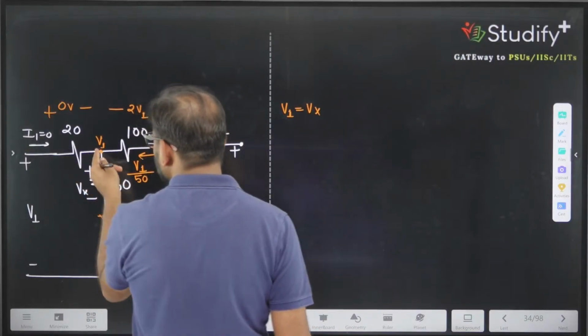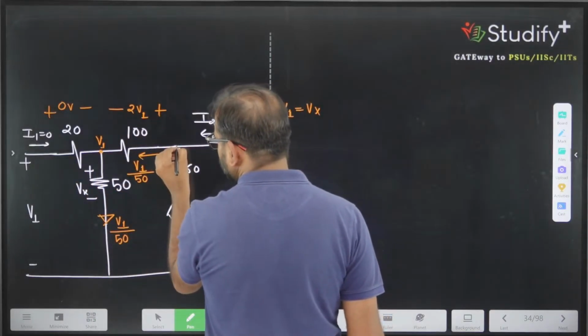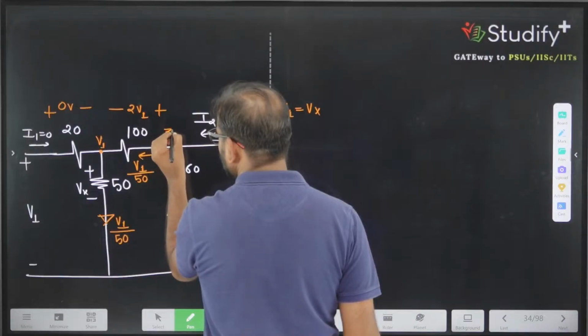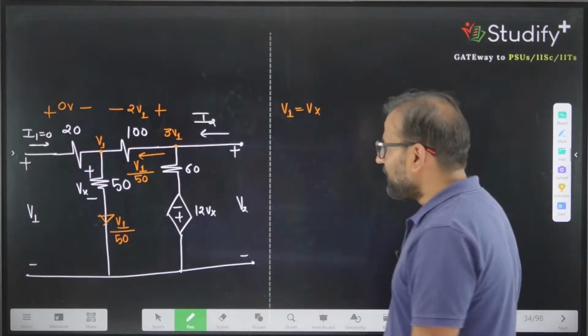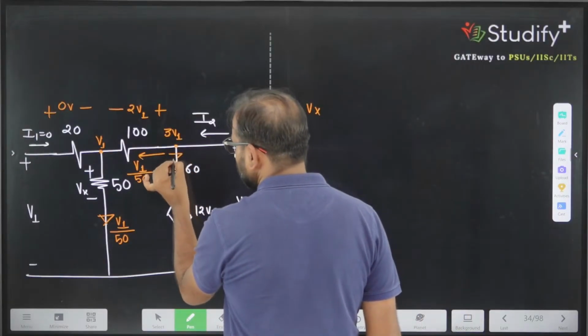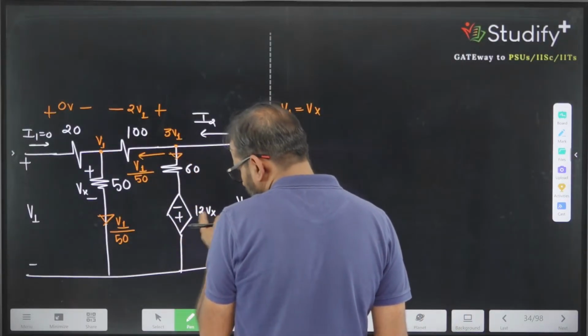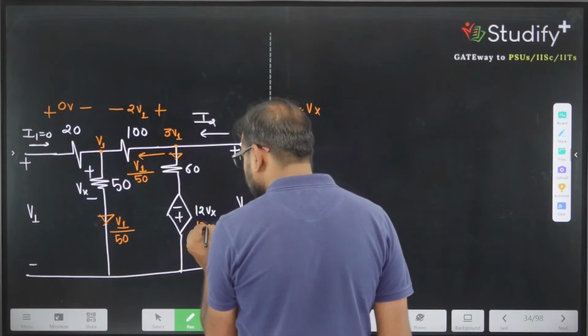Now this potential is V1 and this is 2V1. V1 plus 2V1, this potential is what? 3V1. Correct? If this potential is 3V1, what is the current in this branch? I can write 12Vx or I can write 12V1.